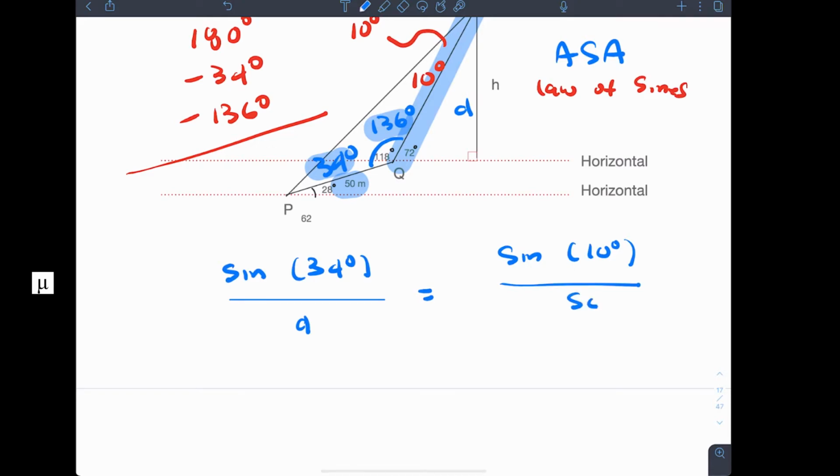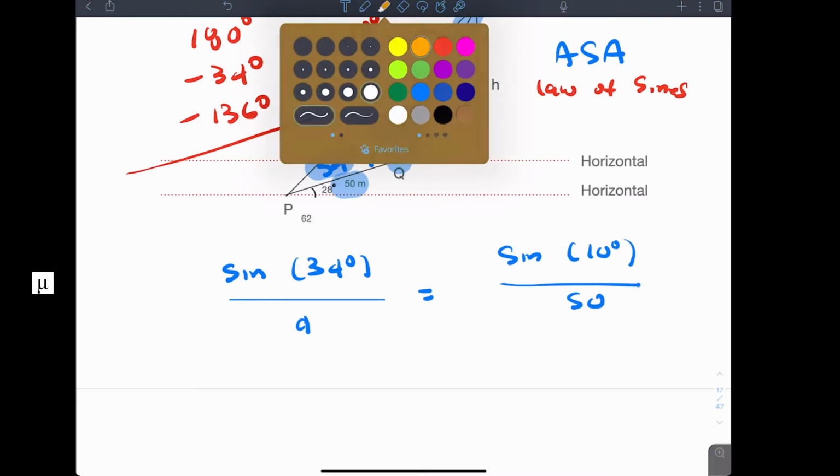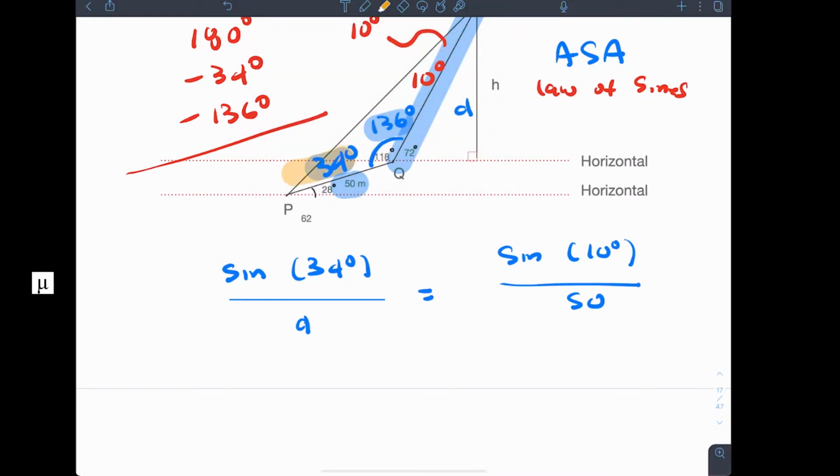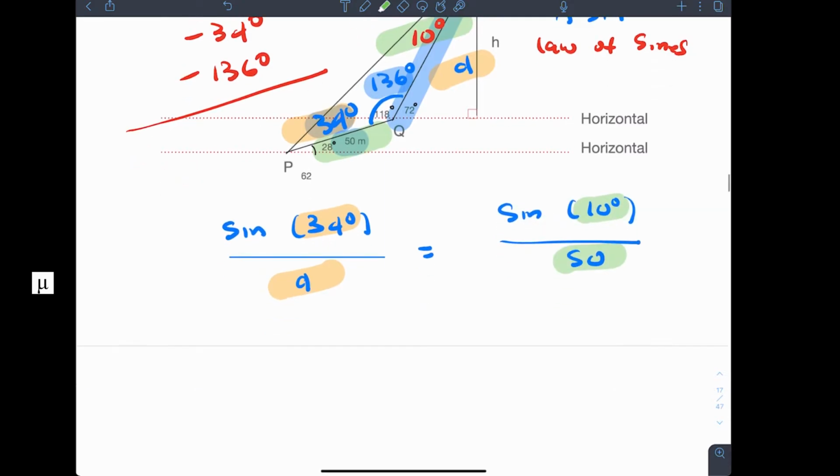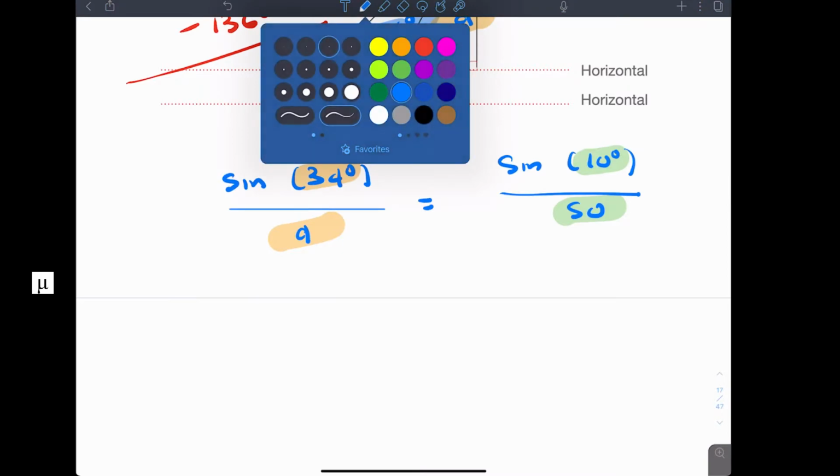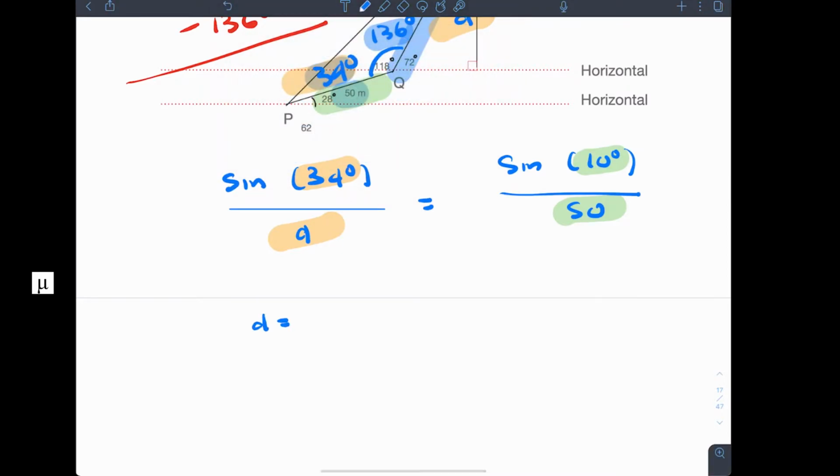Over 50. If you want to see it, this over this. Opposite. Remember that? And then green, it's 50. Make sure it's sine, though. So when you solve for D, what do you guys get for D? 50 times sine 34 degrees over sine 10 degrees.